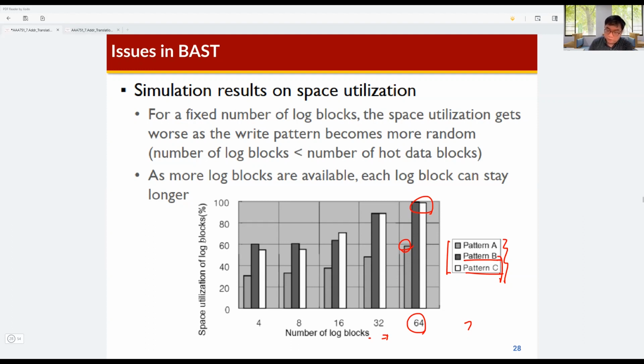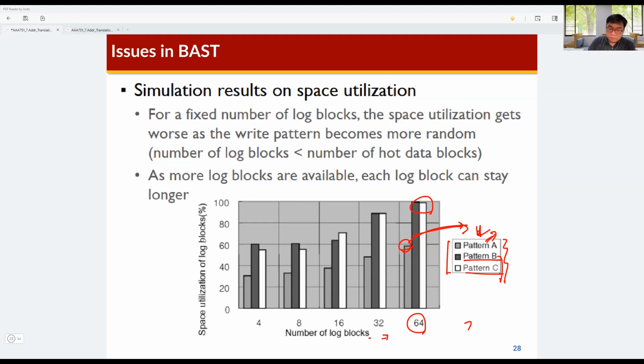But for some patterns, I think there are many random writes. This pattern may have a very large portion of random writes. For such random access patterns, the utilization of the log block may be very low.